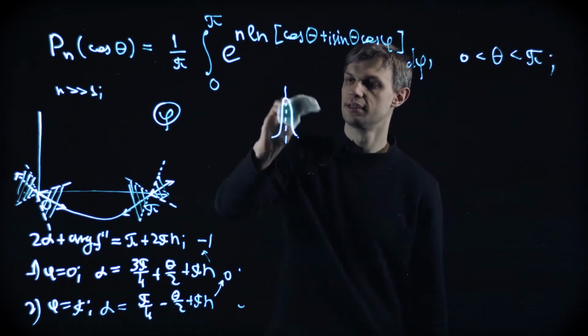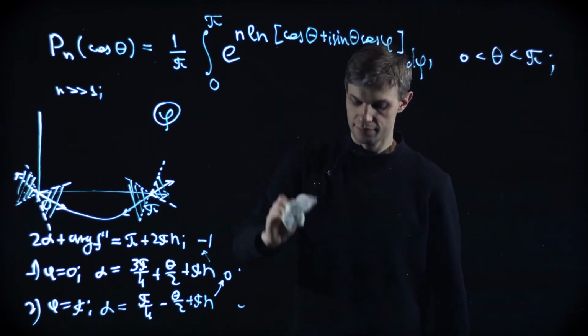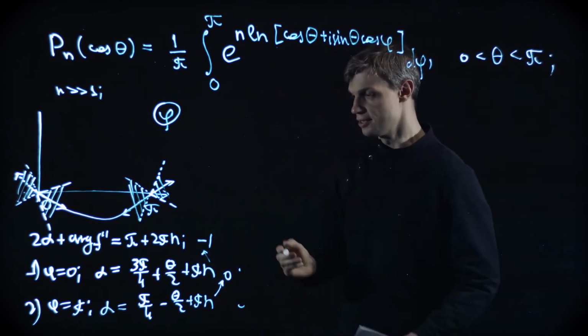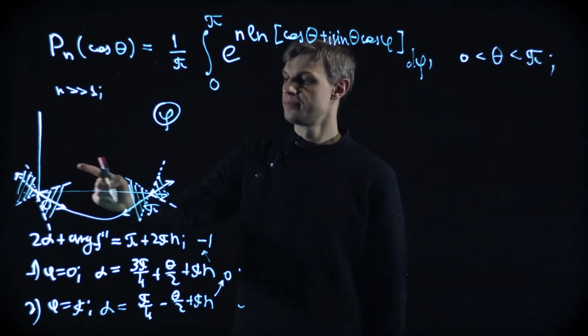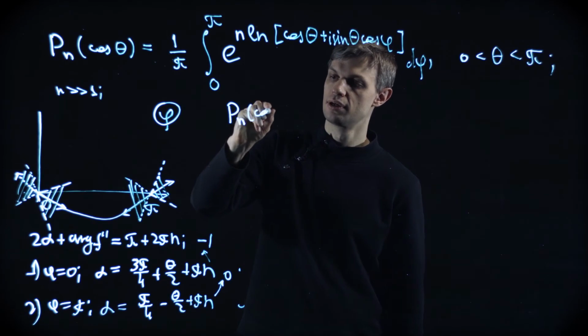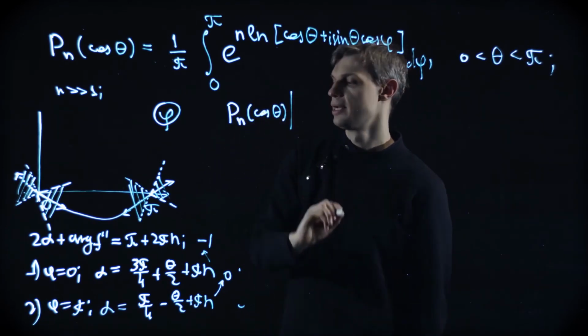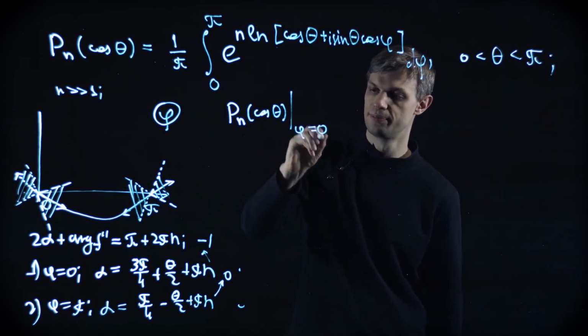Okay, let me erase it. And let's continue. So first, let's compute the contribution from the first saddle. P_n of cosine theta from the vicinity of phi equal to 0.